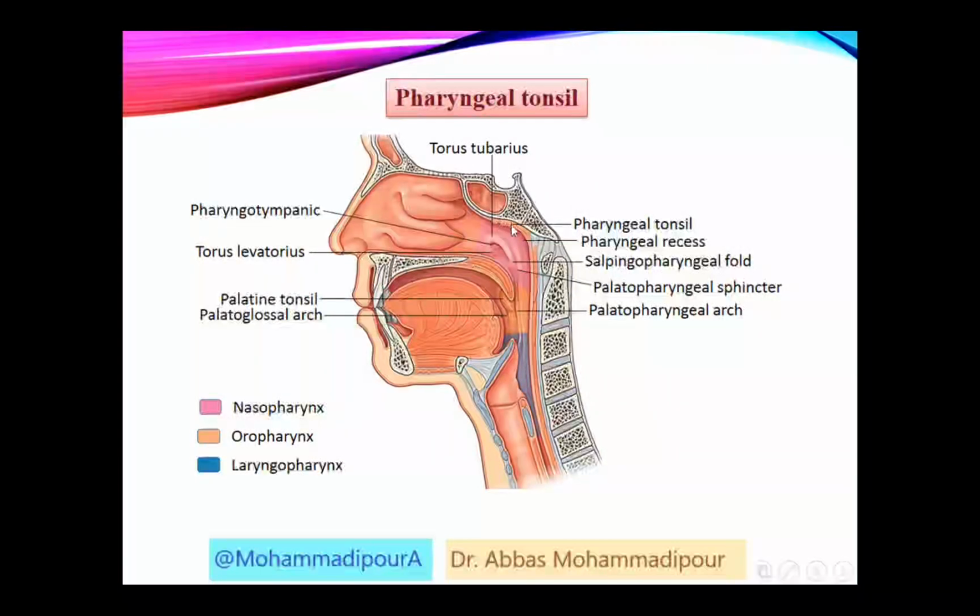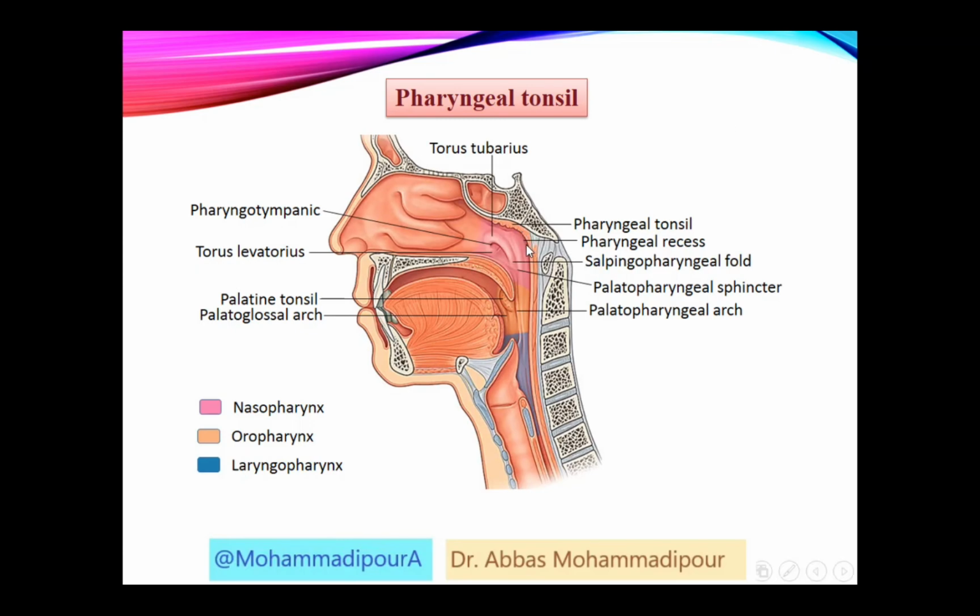Here is the pharyngeal tonsil, which is located in the roof and also the posterior wall of the nasopharynx. The pharyngeal tonsil is also called the nasopharyngeal tonsil, also the third tonsil, and also is called the adenoid tonsil.